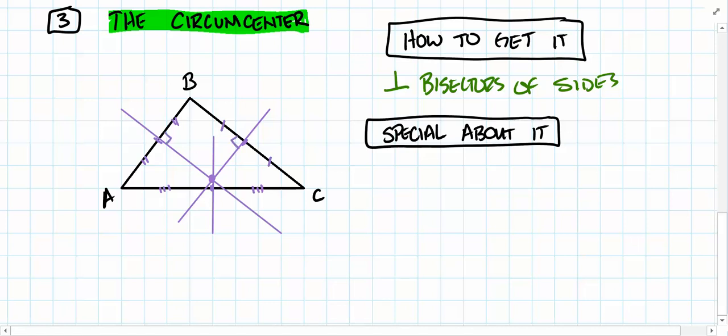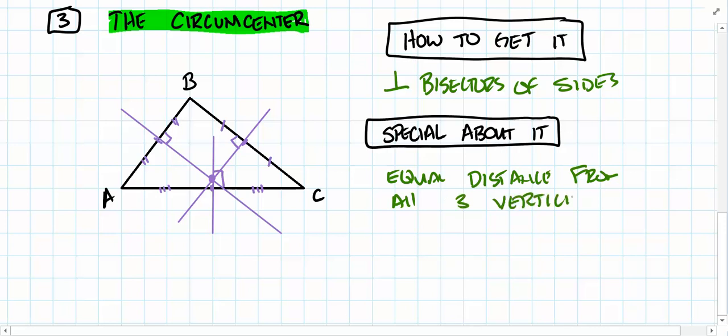So what is special about it? This point is equal distance. Yep, you got it. Equal distance from all three vertices. So what does that mean?